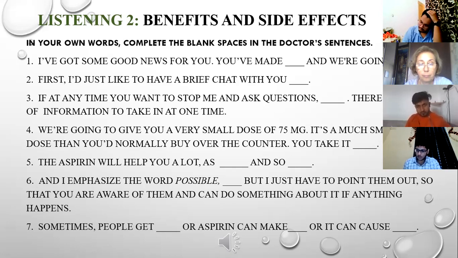Okay, that's good. Now, as with everything we take, there are some possible side effects. And I emphasize the word possible, as you may not get any of them. But I just have to point them out so that you're aware of them and can do something about it if anything happens. Okay. Sometimes people get an upset stomach, or aspirin can make the stools of some people dark and smelly, or it can cause bleeding, like nosebleeds, or shortness of breath.